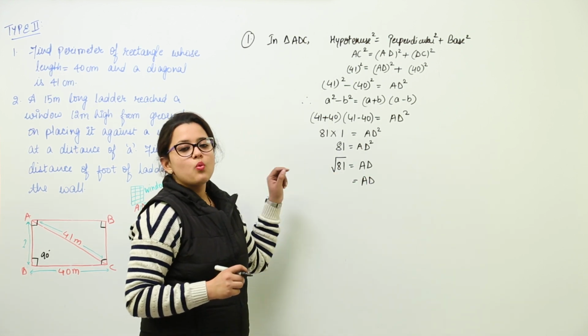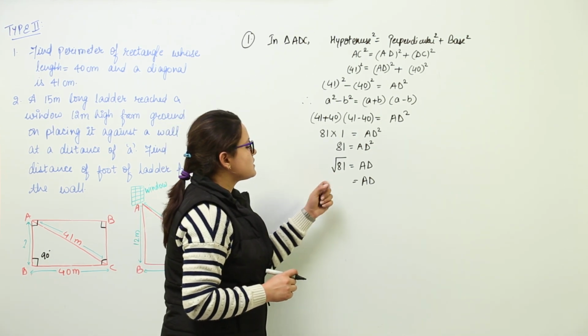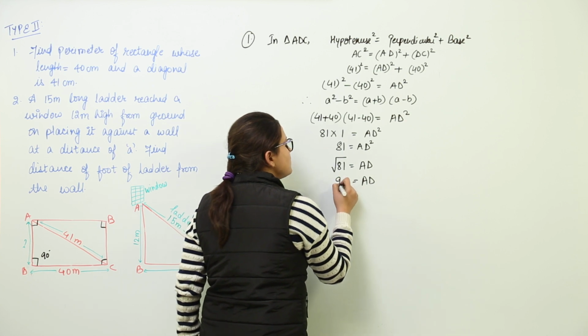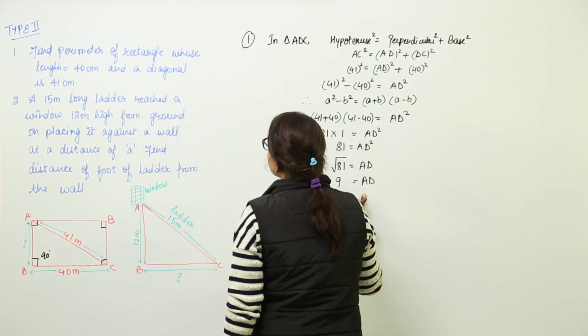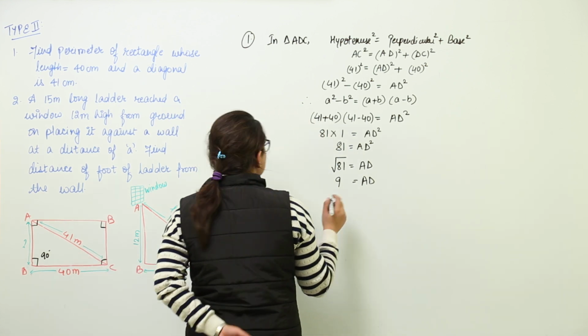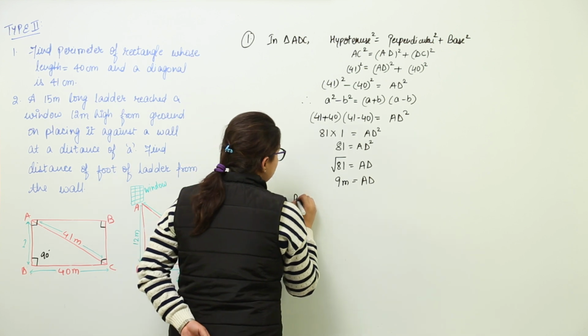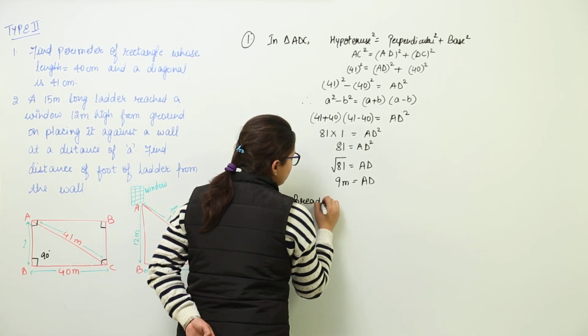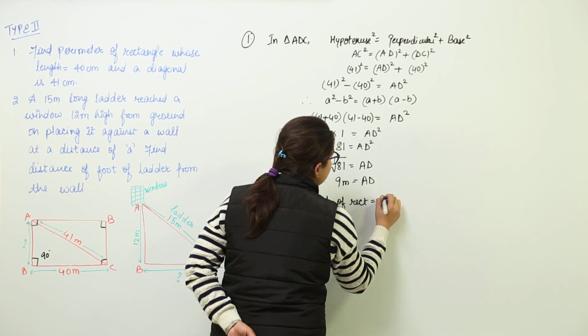Square root means which number multiplied 2 times gives this, that is 9, because we know 9 nines is 81. So, 9 comes out to be the breadth of this rectangle, that is 9 meters. So, you can write over here the breadth of the rectangle will be equal to 9 meters.